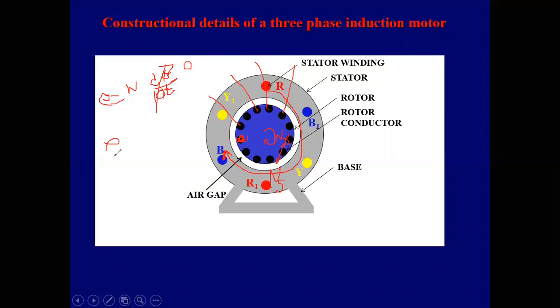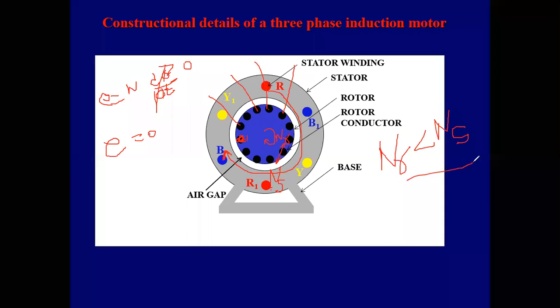So the EMF induced in the rotor conductor is 0. If EMF is 0, what will be the current in the rotor conductor? 0. If there is no current, the motor principle won't be satisfied. That is the reason NR, the rotor speed, will always be less than NS.